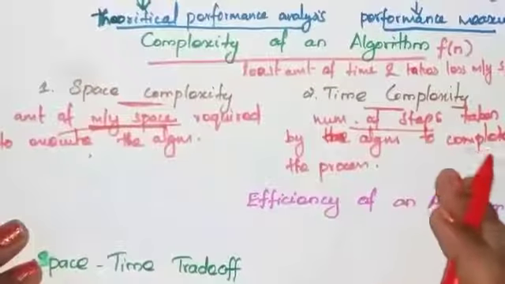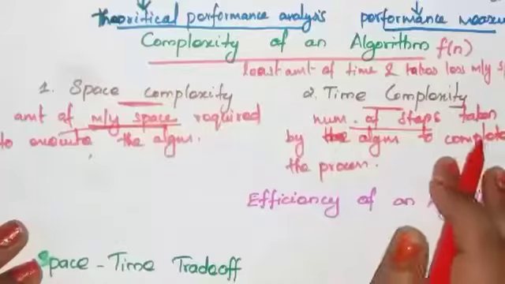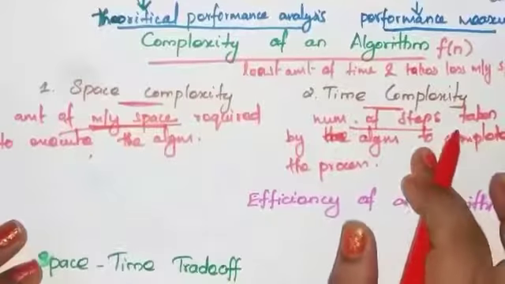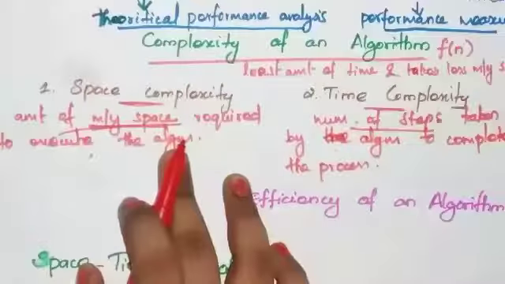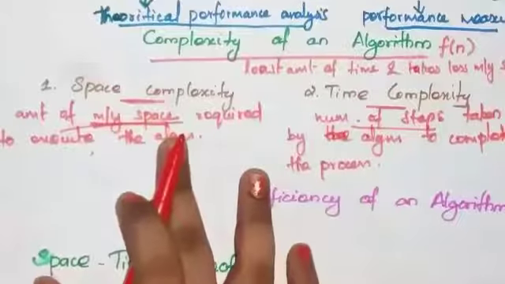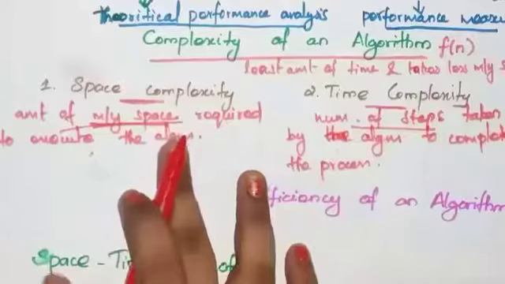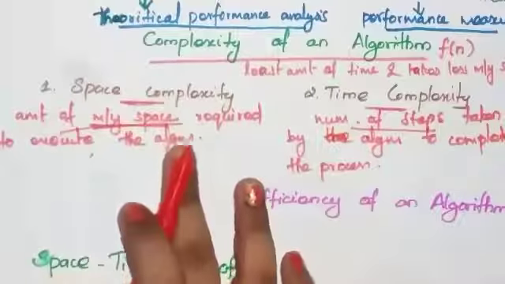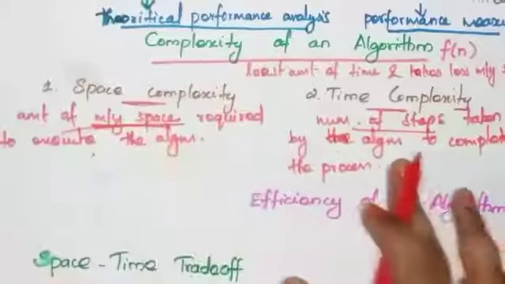How much time the program will take during its execution, that is called time complexity. What is space complexity? How much memory space will be required for successful execution of the program. So this is space complexity, this is time complexity.